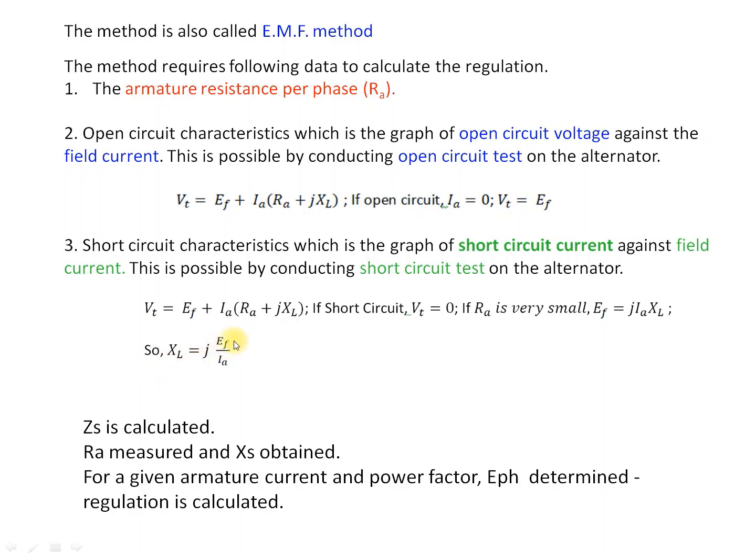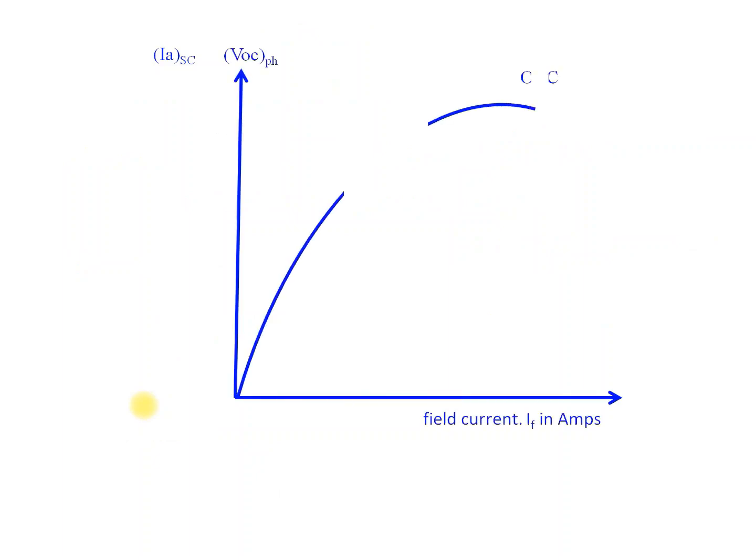Whenever we increase our EF, our Ia will also increase, so the XL value is going to be constant. If we vary these two values, the XL value will also vary, but this variation will not be exponential; it will be linear, so our short circuit characteristics will be a linear curve, that is, a straight line. That is the thing we need to keep in mind.